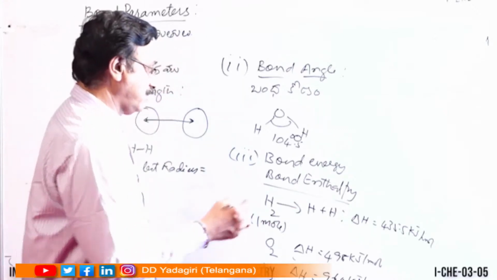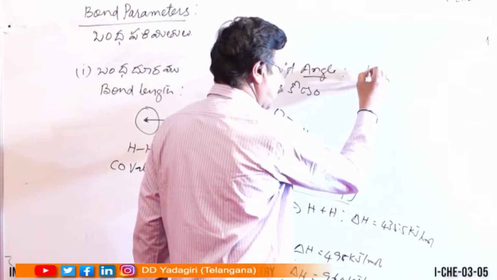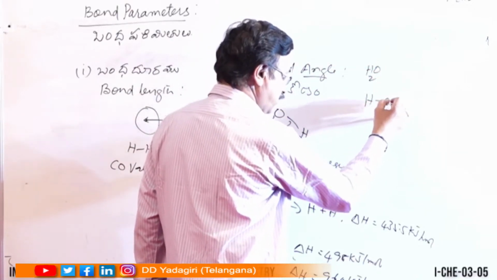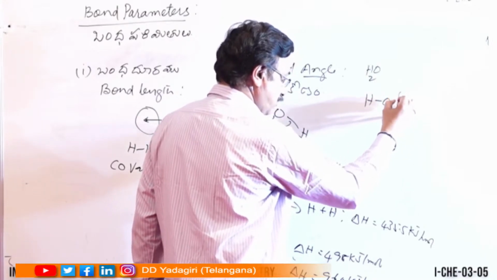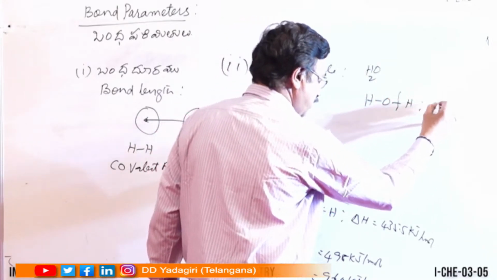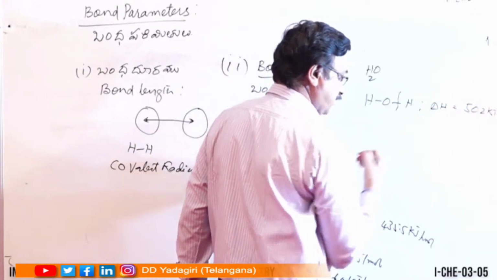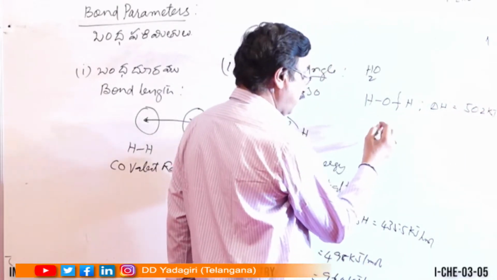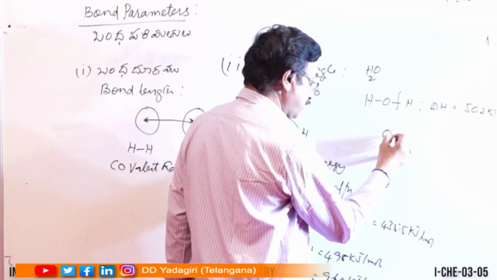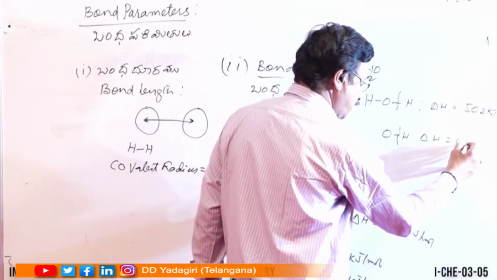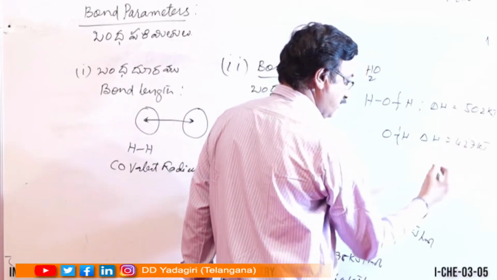For example, the water molecule H2O. So if you want to break the first bond, delta H is 502 kilojoules of energy, right? If you want to break the second one, delta H equal to 427 kilojoules, right?